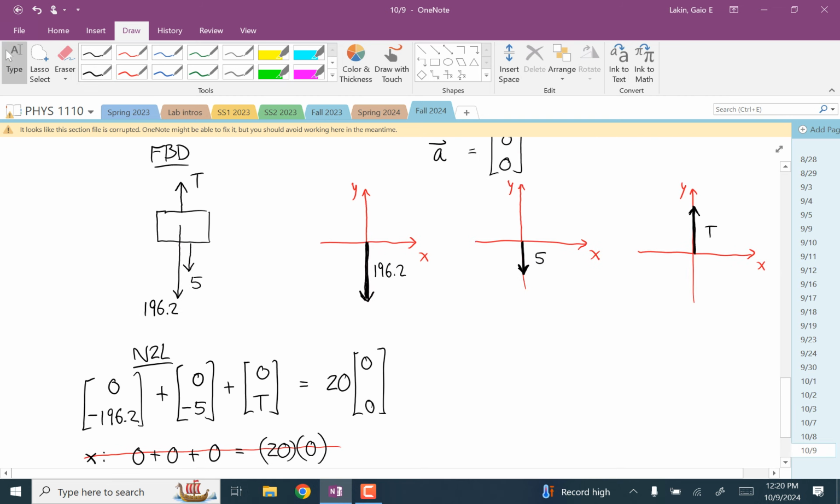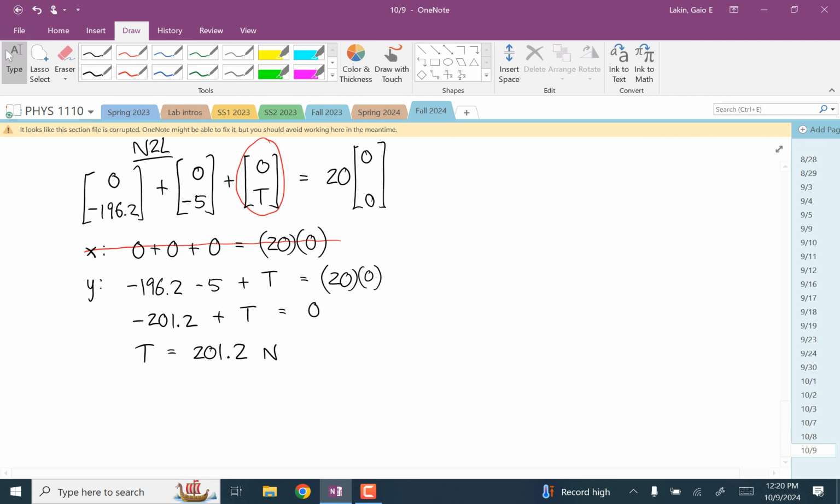Well, notice that in Newton's second law on the left side, we've already given representations of all of these force vectors. We just didn't know yet what that variable t was. So now this is the vector that we're looking for, and all we have to do is plug t into it.